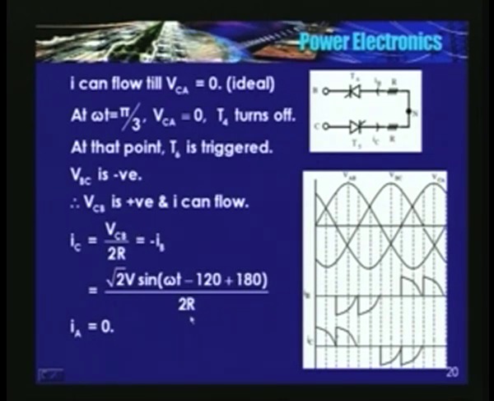So divided by 2R, and IA is equal to 0. And what is this value of current? This value of current you need to substitute omega t is equal to 60 degrees. So you will get the value of this current by substituting it here. That is the value of IC.